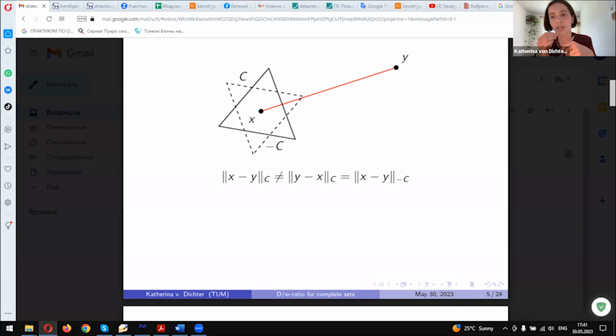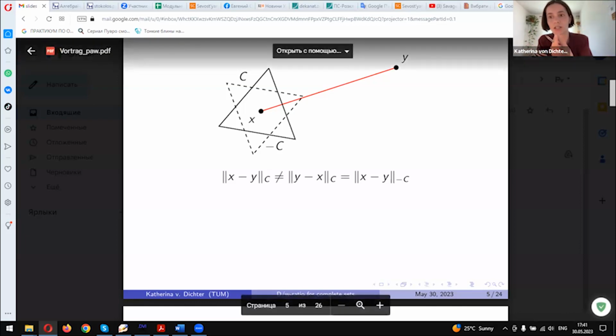Now let's think about the distance from Y to X. This is the same as taking the gauge with respect to minus C, but you can also just change the arguments, and you get the gauge function of X minus Y with respect to minus C, which is denoted in the picture as the dashed set. You see that then the distance from the bottom to the top is twice as long as from the top to the bottom.